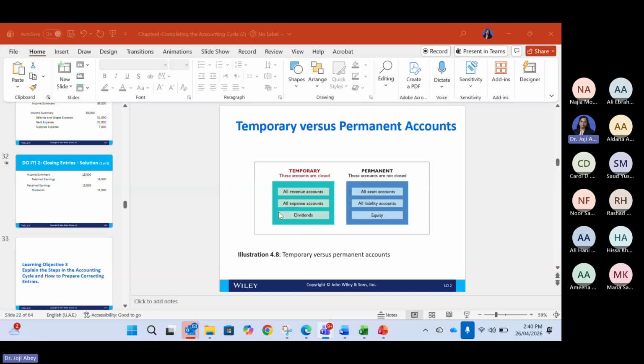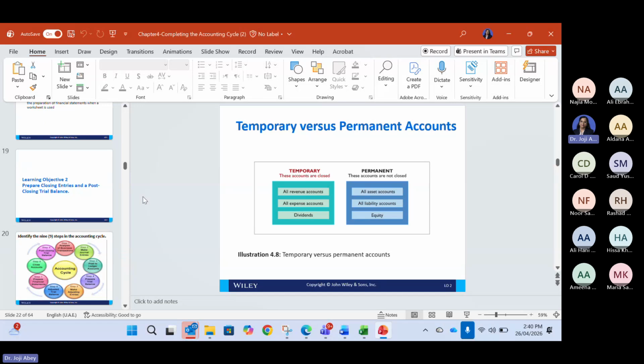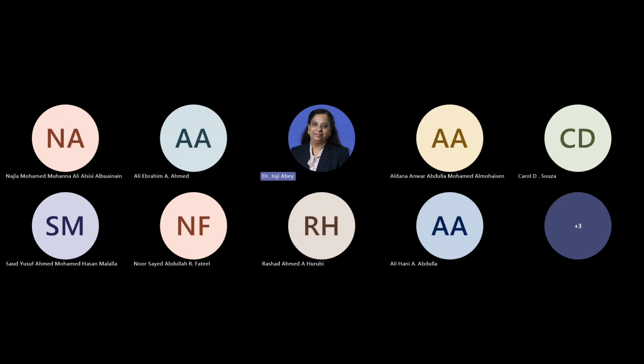These accounts will be adjusted with which account? With our income summary account. Revenue to income summary, and income summary to expense account. Even if, for example, you have two revenues, rent revenue and service revenue, your journal entry will be the same.